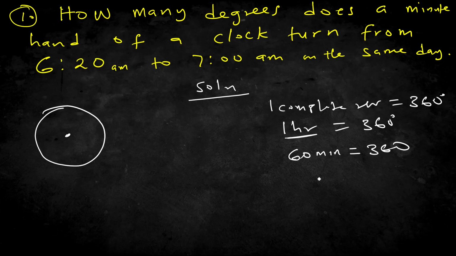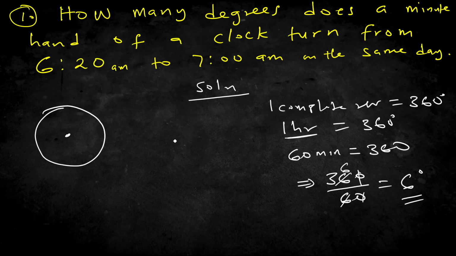To get a degree for a minute, we have to divide 360 by 60, so that we can do the calculation. This one will cancel this, so we have 6 degrees. So every 1 minute is 6 degrees.